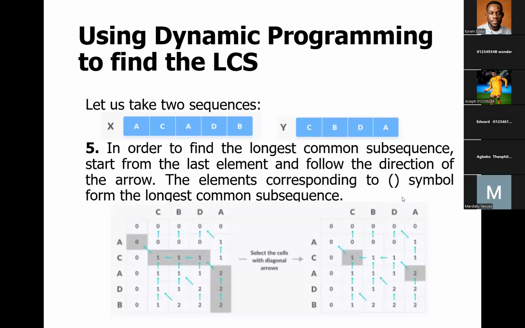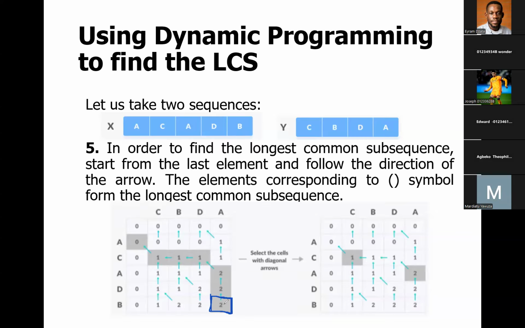Now, basically what it's saying is that when you are doing the backtracking, it also has two logics. You always start from the last cell, because that's what is giving us the longest common sequence.